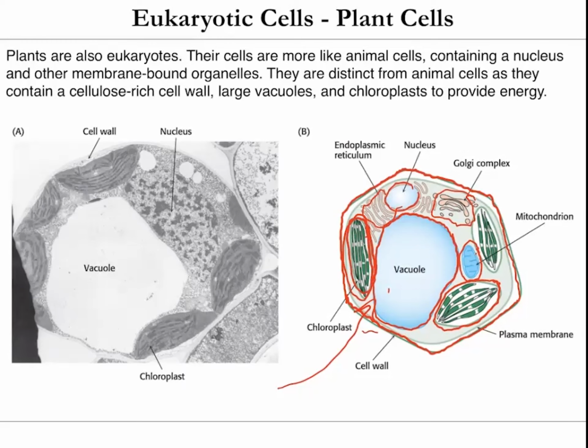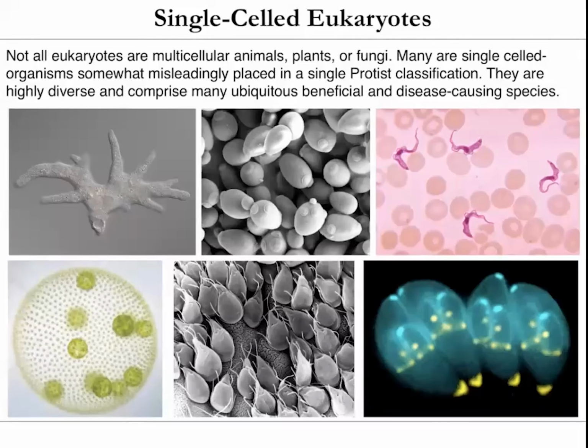A lot of people mistakenly think that eukaryotes are always multicellular organisms like plants, animals, and fungi. But actually, there are a lot of eukaryotes that are single-celled organisms. Some of them may live in colonies that work together, but a lot of them just exist as free-floating organisms in their own right, but they're still eukaryotic cells.